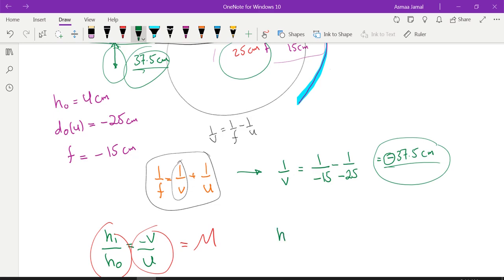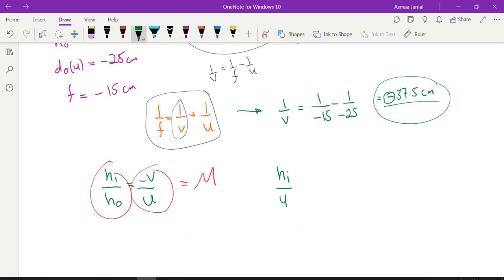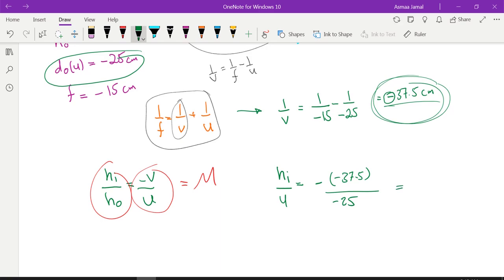So the height of the image to our object size, which is 4 centimeters, equals negative the image distance, which is minus 37.5, to the object distance, here it is, minus 25 centimeters. After calculation, we can find the height of the image equals minus 6 centimeters.